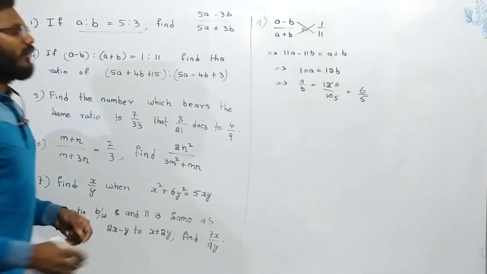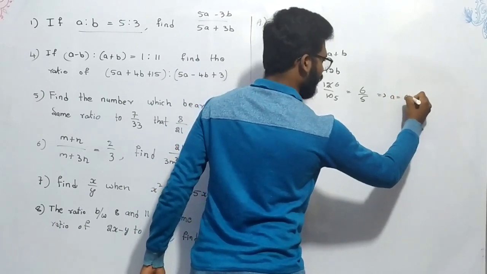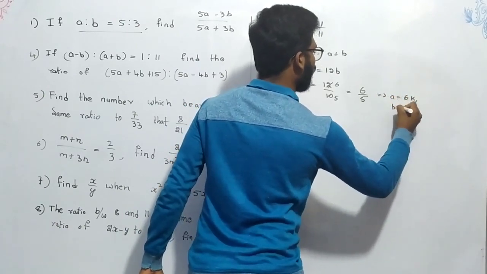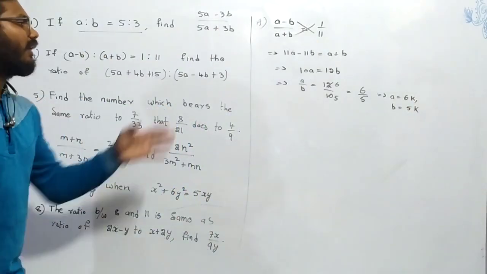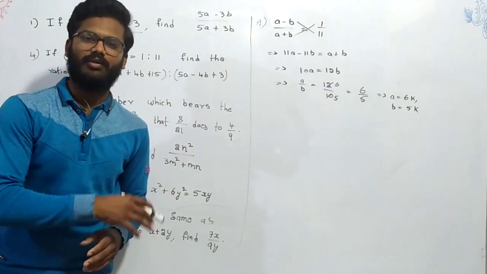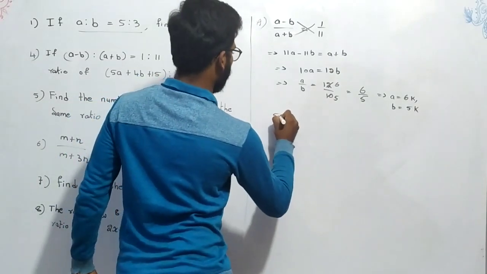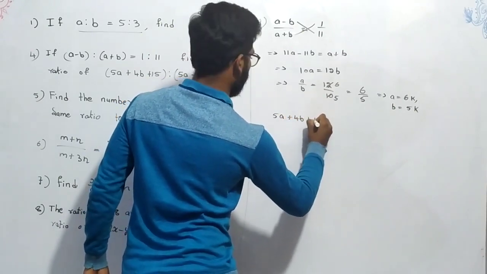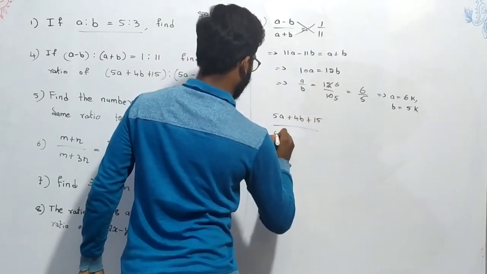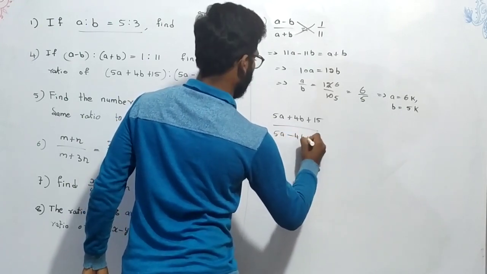So here we can take A equal to 6k, B equal to 5k. I am taking k as a variable. So let us take A equal to 6k and B equal to 5k. We have to find this value, right? 5A plus 4B plus 15 by 5A minus 4B plus 3.